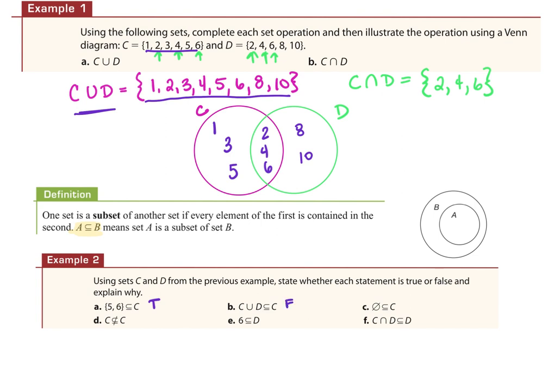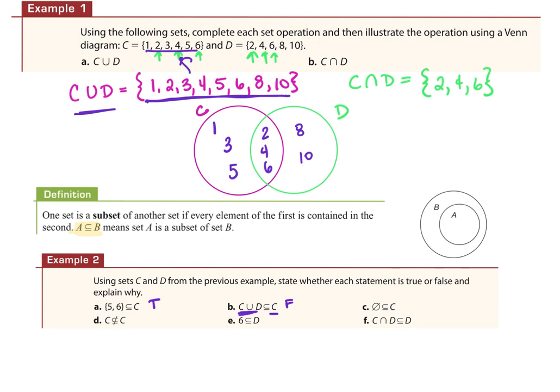The reason is I have numbers that don't fall in C. Subset means all the elements within it fall inside the other one. So all the elements of C union D are this, and they're asking, are all of those elements in this? And the answer is no.